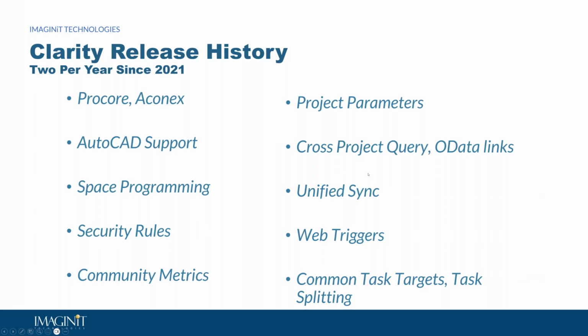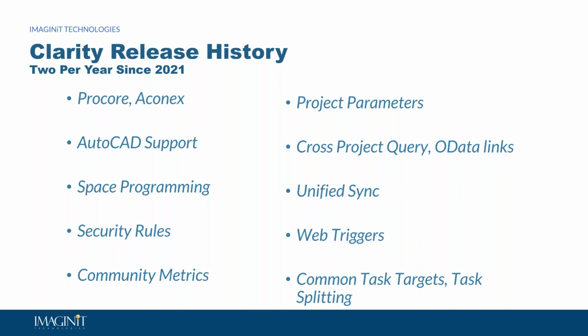Each year we have 2 releases of Clarity, one usually in May, which is supporting the Revit version release at that time, and then we have one in November.